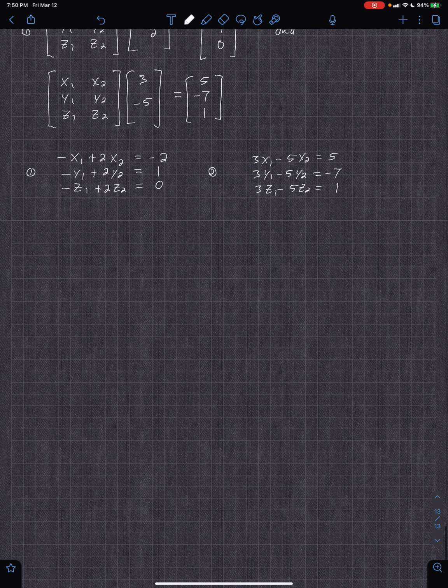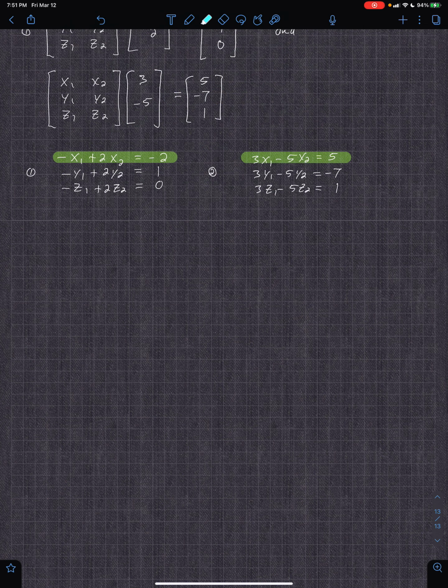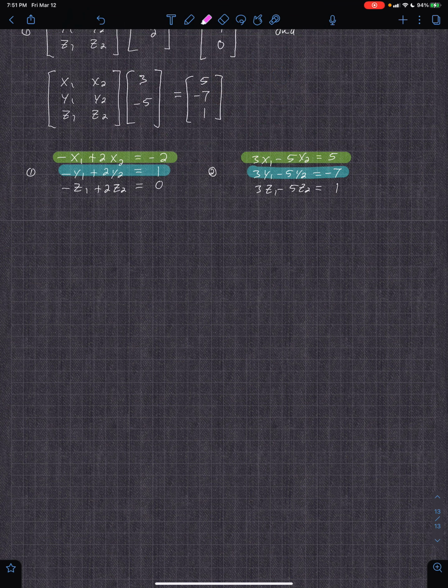And so you end up having this system for x here, and then you have this system for your y's. And then you'll have this system for your z's.